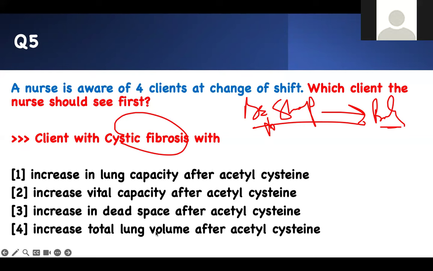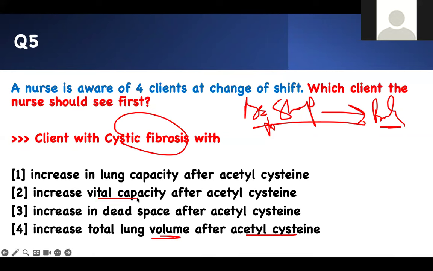This requires you to know the definition of each individual lung finding. What is total lung capacity? First of all, what is total lung volume? Lung volume is usually the amount of air you inspire in and out, right? If I give you acetylcysteine, now you can take more air in and out, right?